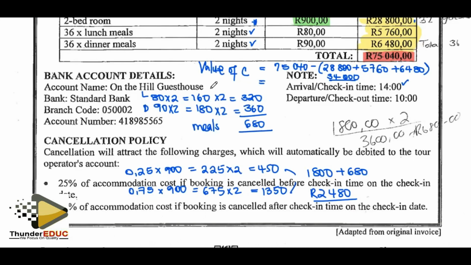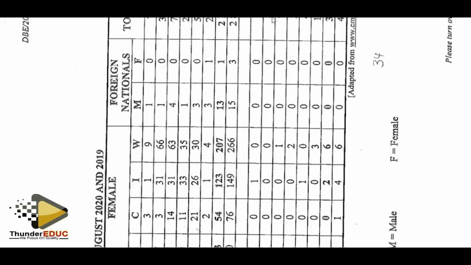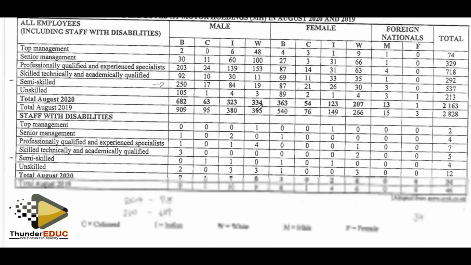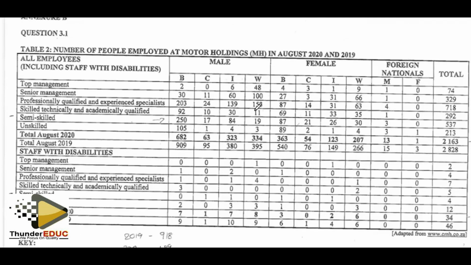Go to the annexure there. This is the annexure. I want you to see it clearly. We are looking at semi-skilled employed in 2020. So when you come here we have the total.